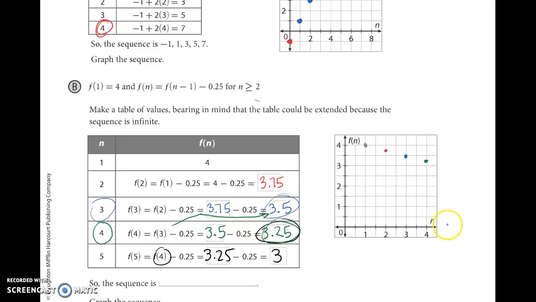And then I actually run out of room. I shouldn't have even plugged in 5, I guess, because I run out of room, right?